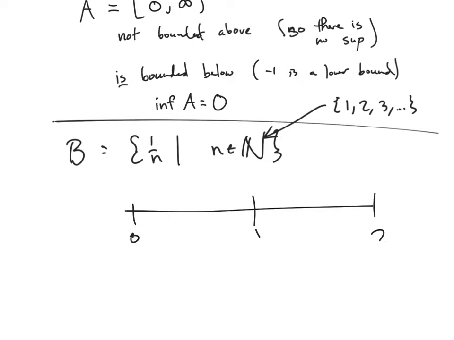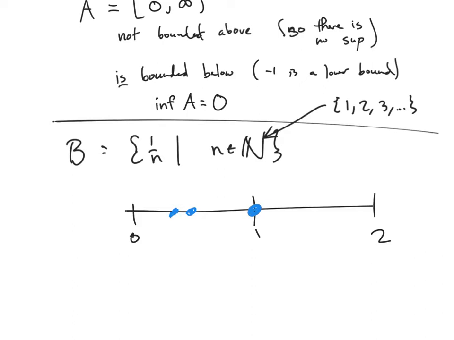This is 0, say 1, 2. The first number in this set would be 1 over n, where we start off with n equals 1. You get 1 over 1, which is 1. So the first point is right there. The next point would be 1 over 2, which is a half, which I could put here. The next point would be 1 over 3, around there somewhere.